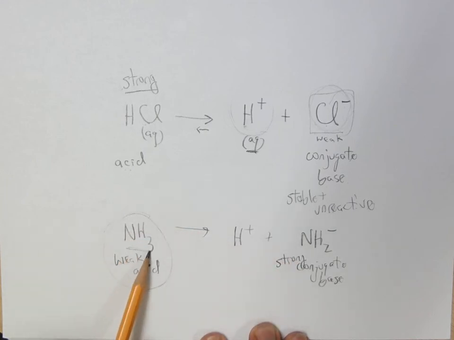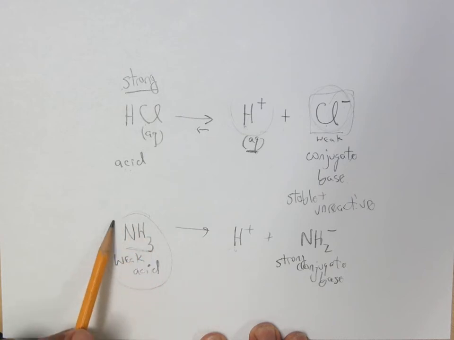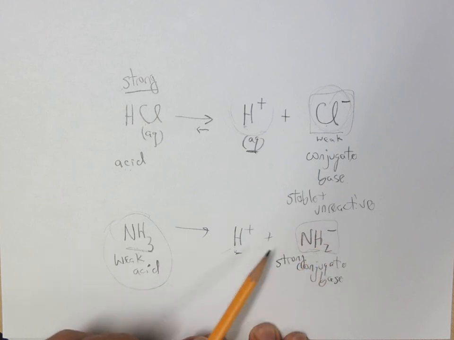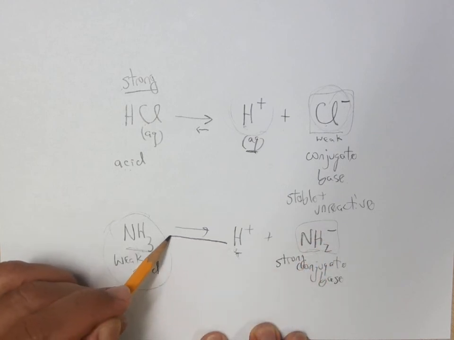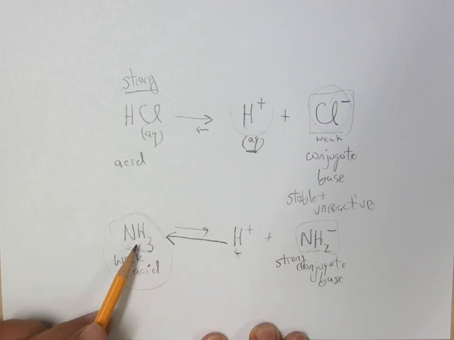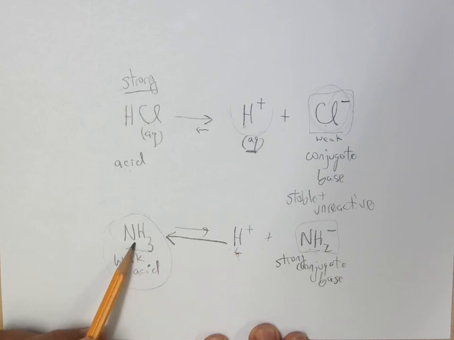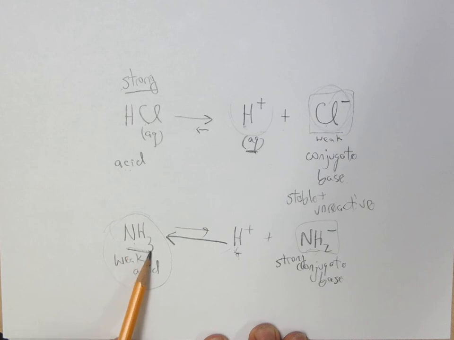So it's very difficult to remove the H+ from the ammonia, because the thing that's created, the NH2-, wants to grab this back, so the reverse reaction is much more efficient. The strong conjugate base wants to grab the H+ and form the ammonia. For it to give up the H+ will very rarely happen, because this wants to hold on to it so much.